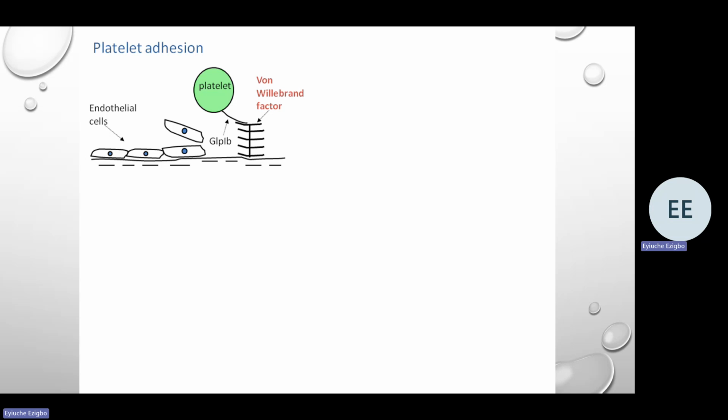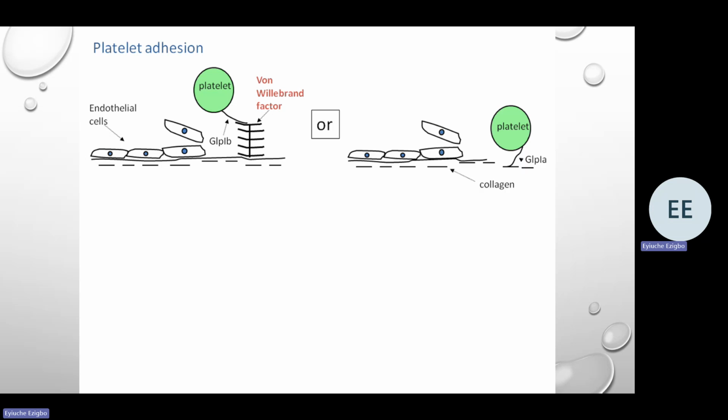This von Willebrand factor binds platelets with their glycoprotein 1B, that is platelet adhesion, or the collagen also being released from the subendothelial cells can bind platelets directly. Those are the processes of platelet adhesion.